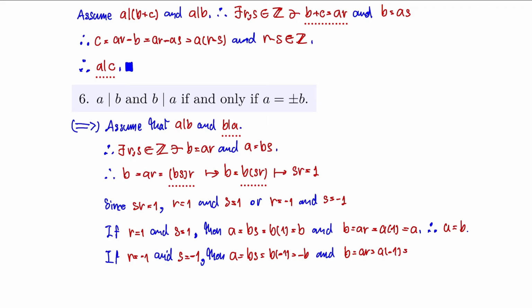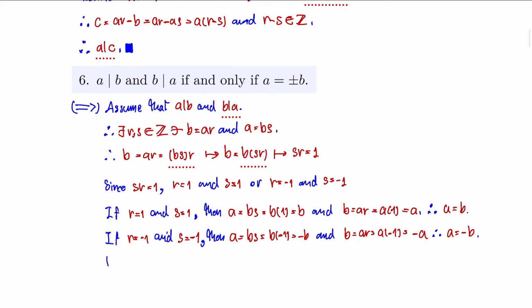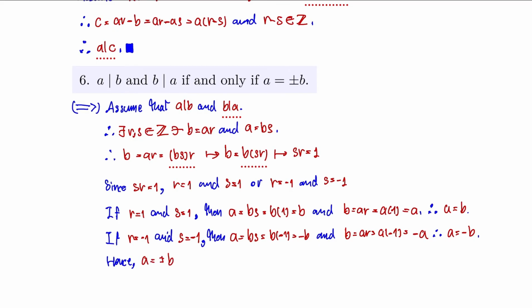So B becomes minus A. So we have A equals minus B and B equals minus A. So we might imply that A equals minus B. Hence, we have that A equals plus or minus B.